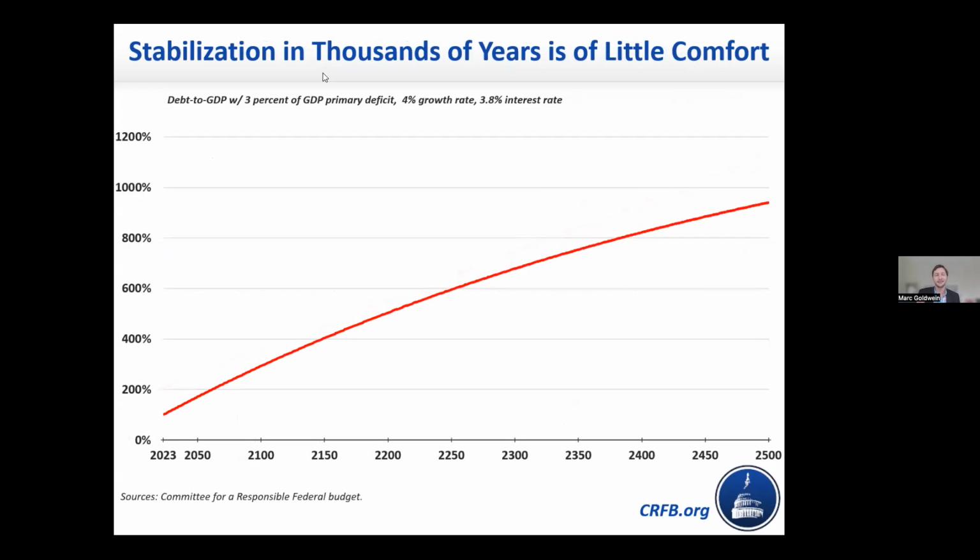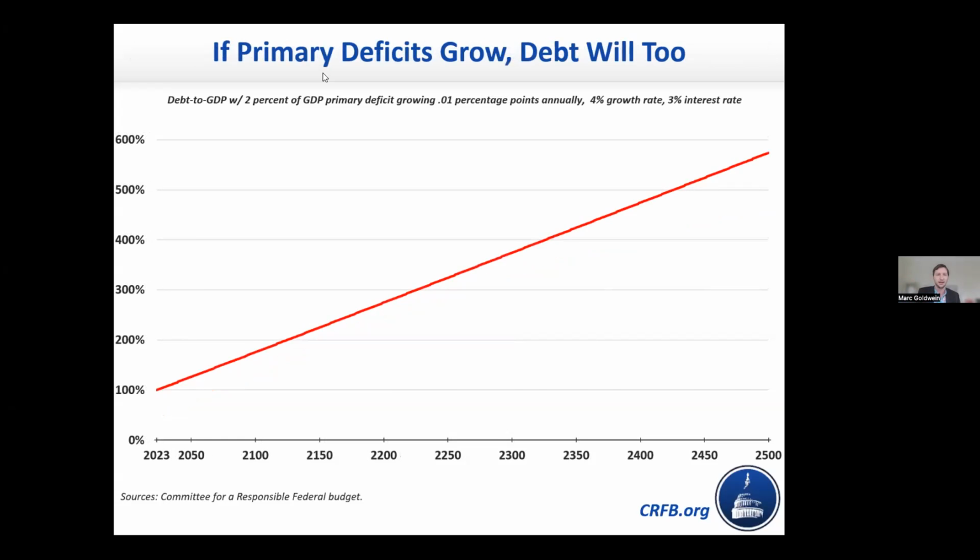In this case, debt will stabilize at about 14,000% of GDP in about 2,000 years, right? That doesn't do us any good to know that 2,000 years from now, the time from Jesus Christ to now over again, debt is going to eventually be stable. That's effectively the same as infinitely rising debt.